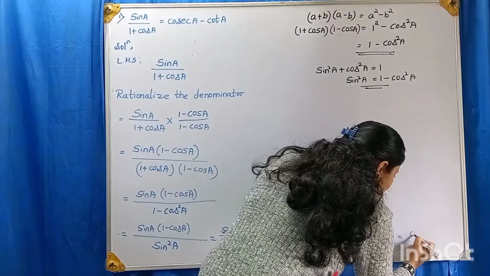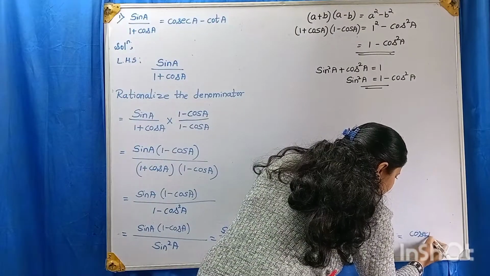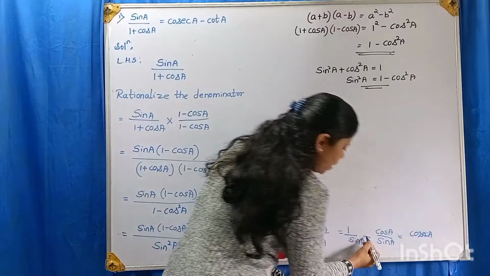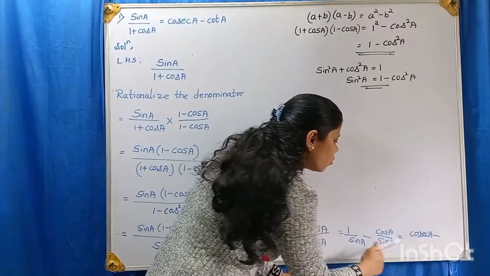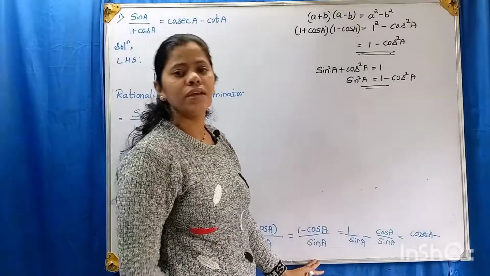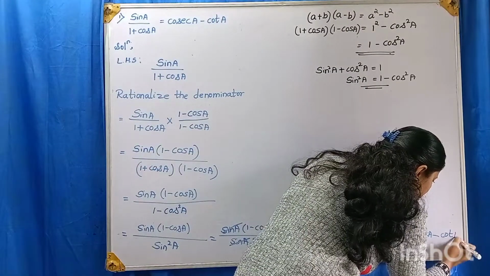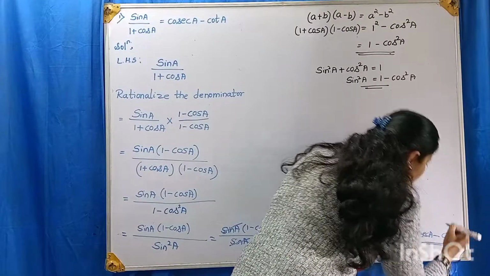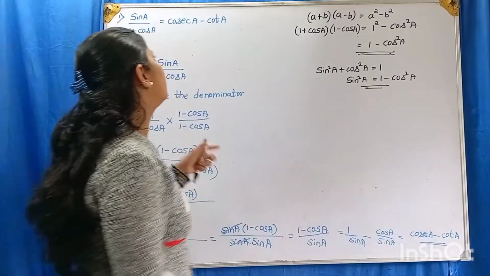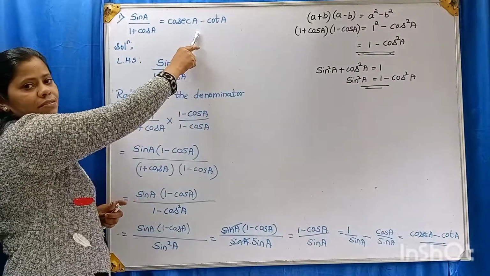Cosecant A means 1 by sin A. So I will write it as cosecant A minus cos A by sin A, and we can write that as cot A. Cosecant A minus cot A. That is what our RHS is.